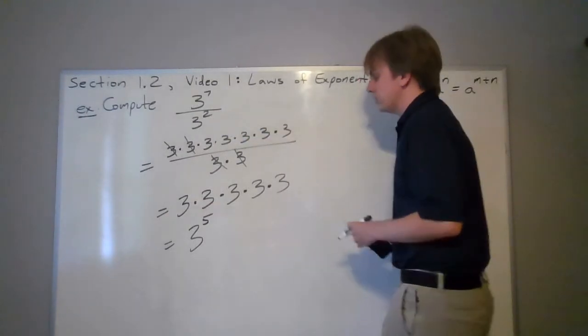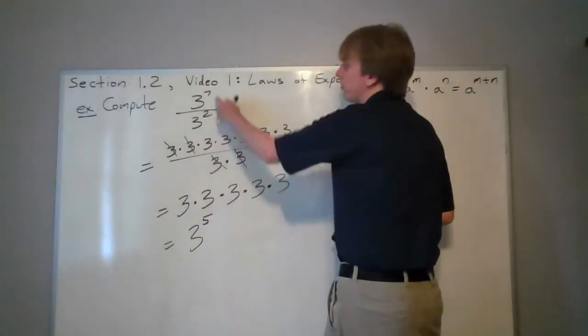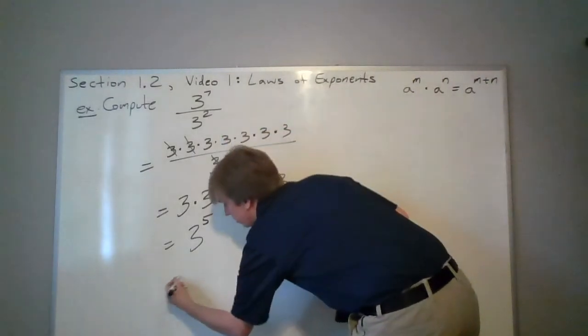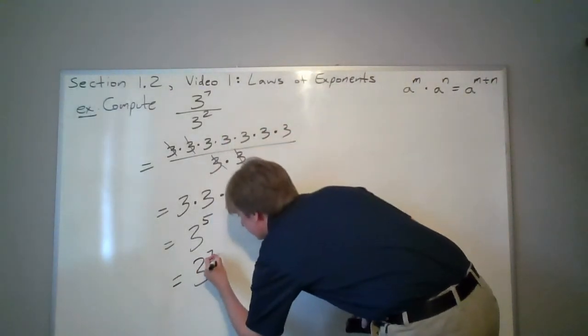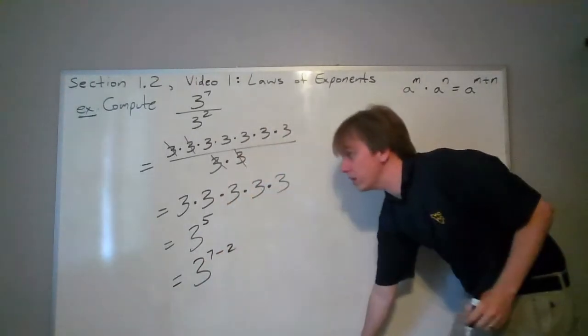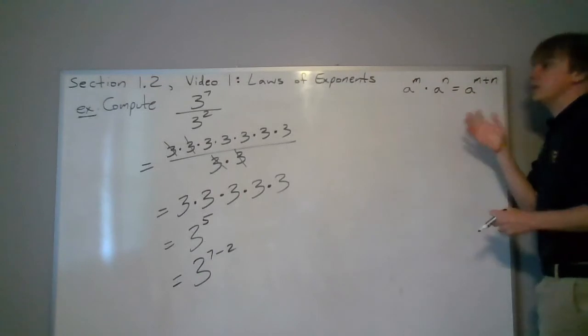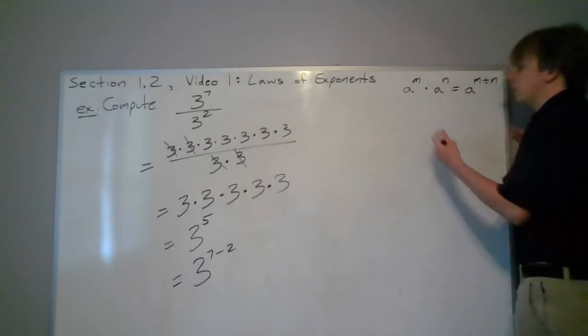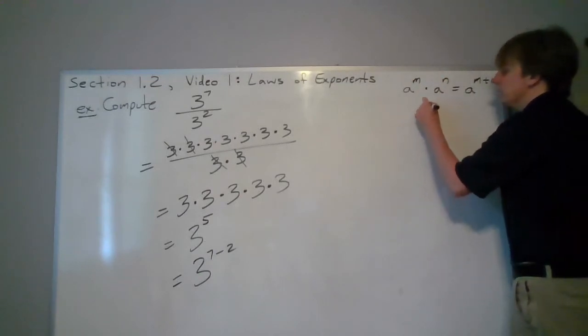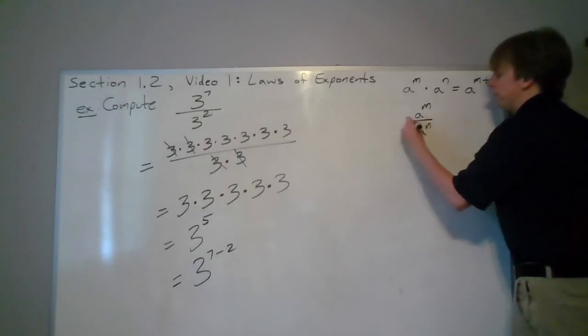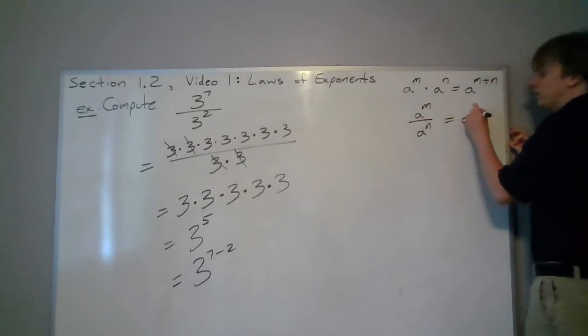So I guess the rule, the way we come up with 5 from 7 and 2 is we subtract them. And so there's our second rule of exponents. Apparently, if we have a fraction where we have an exponent over an exponent with the same base, what we're going to do is subtract those exponents.